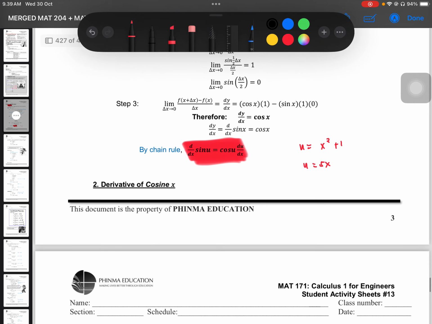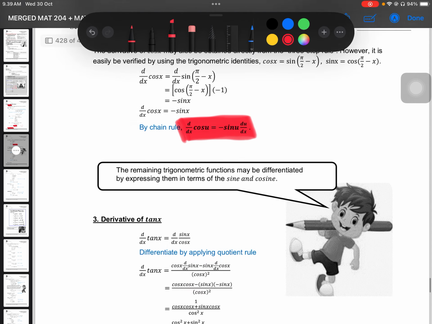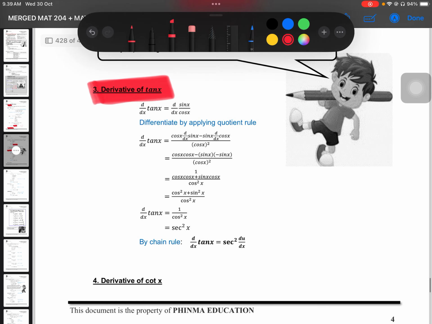Then, next is the derivative of cosine x, wherein the derivative of cosine u is equal to negative sine u du over dx. Okay? Then next, the derivative of tangent x. The derivative of tangent u is equal to secant squared u du over dx.